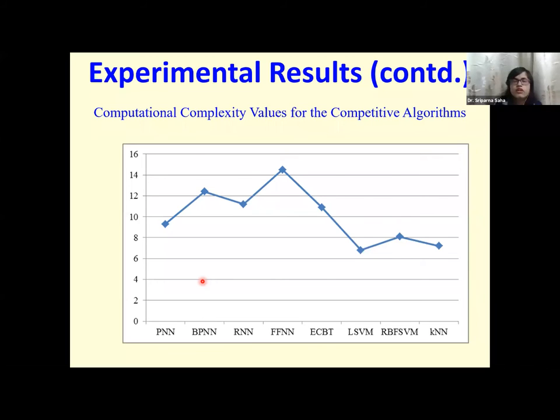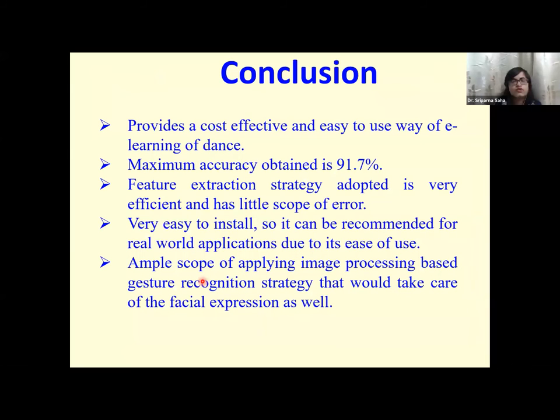So if we go for the conclusion, this particular architecture provides a cost-effective and easy-to-use way of e-learning of dance. Maximum accuracy obtained is 91.7%, and the feature extraction strategy, that is the angle and the normal distance, is very efficient and has little scope for error. It is very easy to install this type of architecture in real life, as it needs only the Kinect sensor.